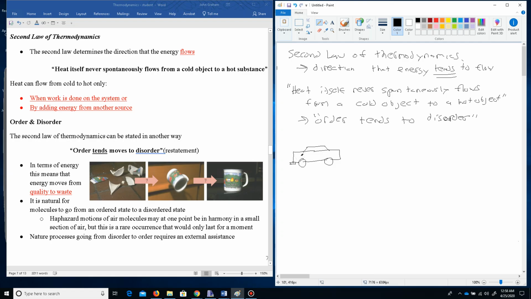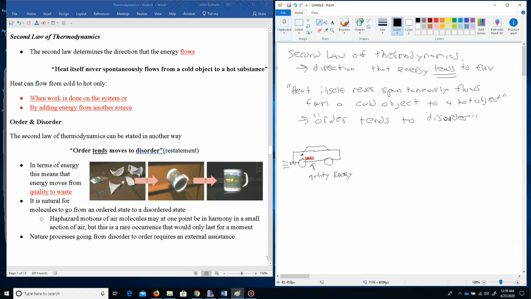Gas tank. I'll actually draw in a gas tank, and I'm going to color this. Put gas in the gas tank. Right? Quality energy. This is, in a sense, you can call it potential energy. It's energy that can be used to get this car going.